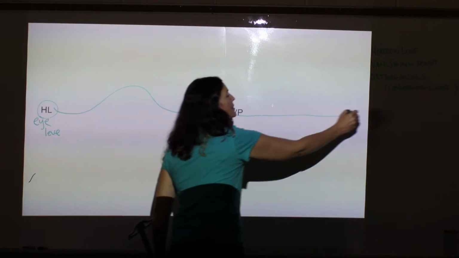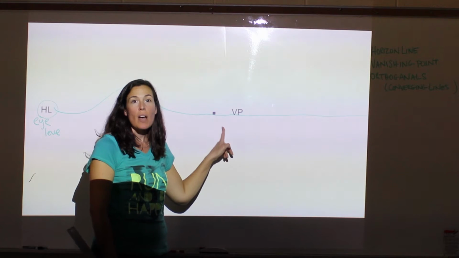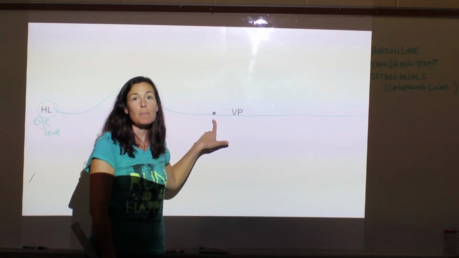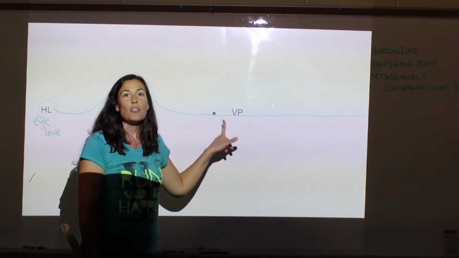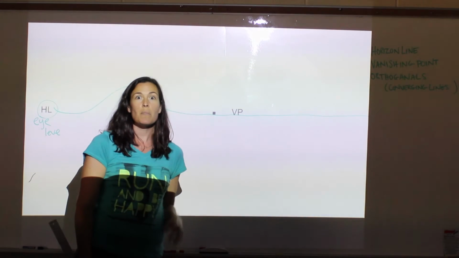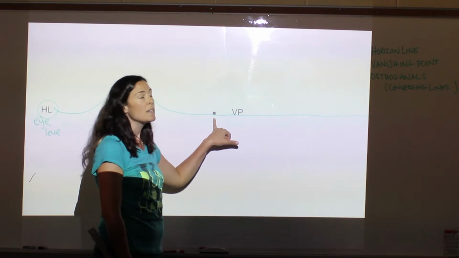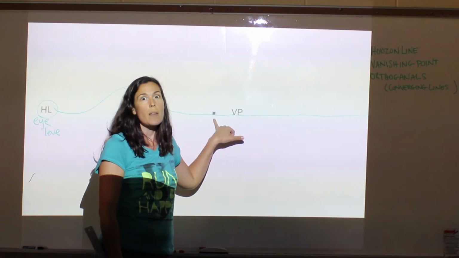I'm going to make it go past that little bit because in a moment we're going to talk about vanishing point. The vanishing point is actually that spot on the horizon, on your eye level, that you are looking. In 1-point perspective, I explained it's a little unrealistic, it's a little bit like a camera's eye view. And 1-point perspective happens when you are looking at a singular point in space, 1 point in space.